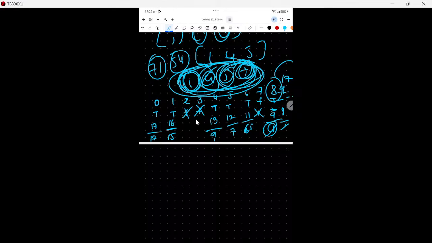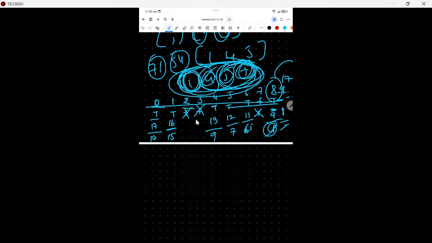Sorry, what I was telling was simple. These are the possible subset sums: 0, 1, 2, 3 and so on till 17, the total sum.